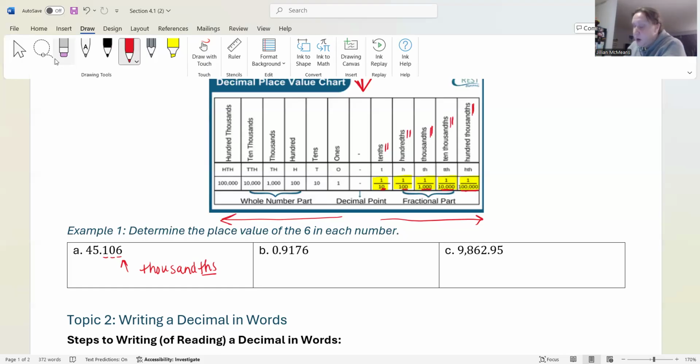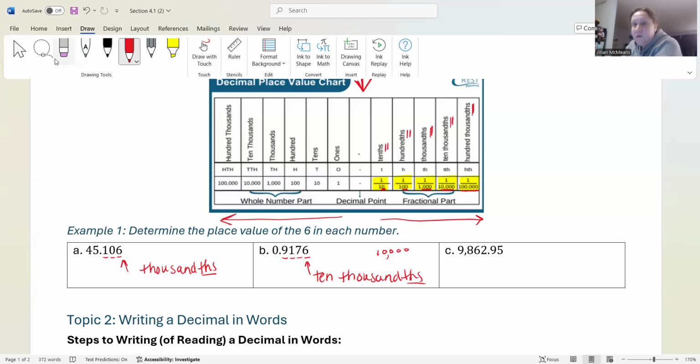For part B, we have 0.9176. The 6 is 1, 2, 3, 4 decimal places in. What power of 10 has 4 zeros? Well, 10,000. So this is the 10,000ths place. Make sure you put that THS. If you don't have the THS, you've got the wrong place value.